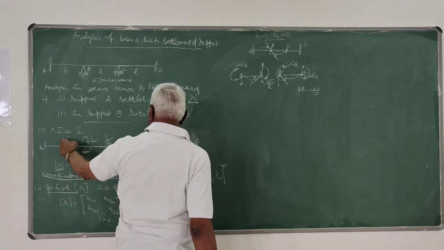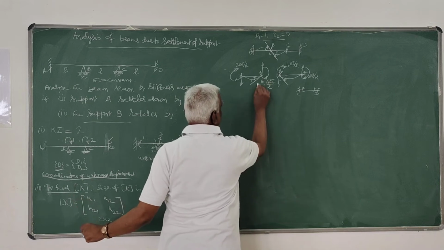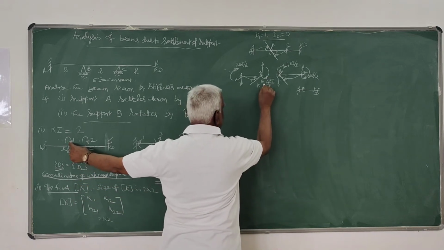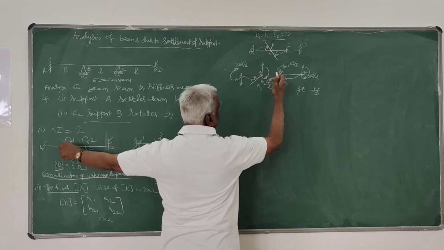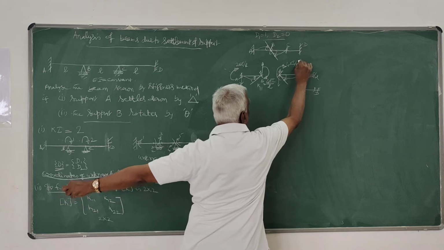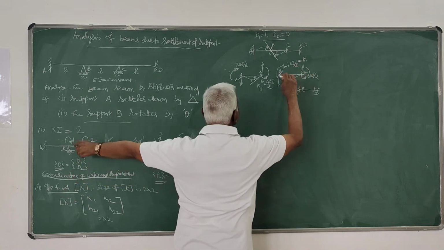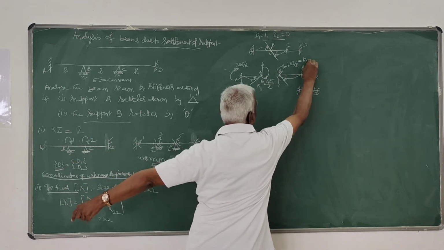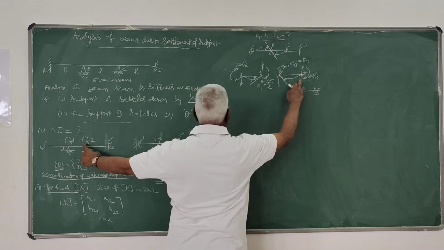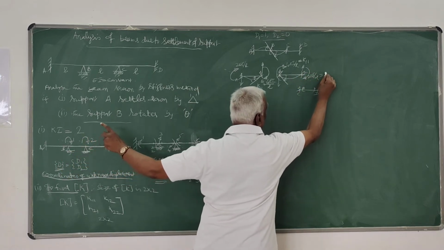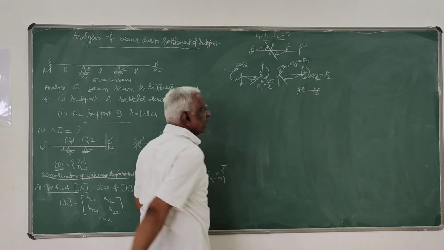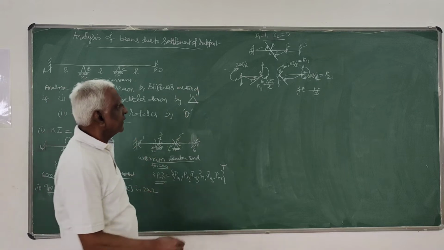This at B corresponds to 1, when unit displacement is given at 1 itself. This is at C. This corresponds to 2 when unit displacement is given at 1.